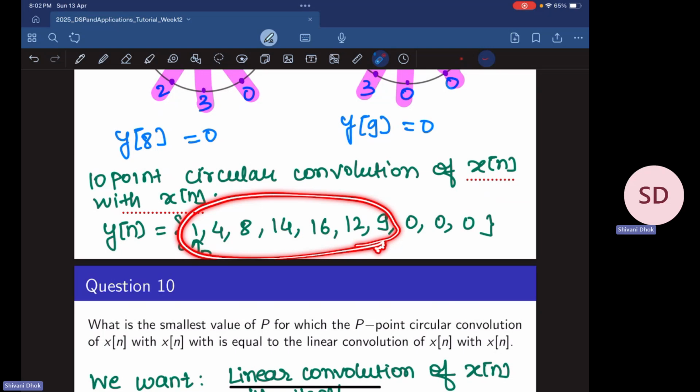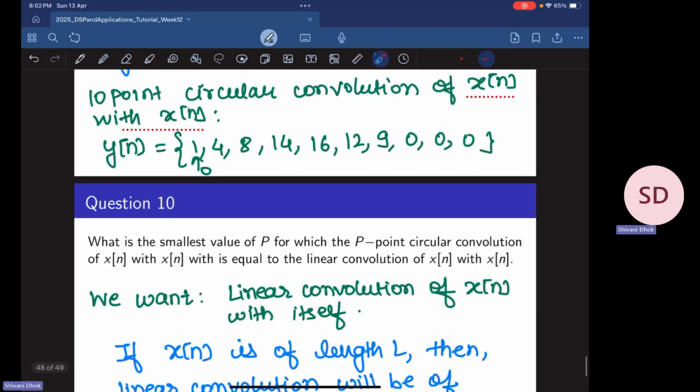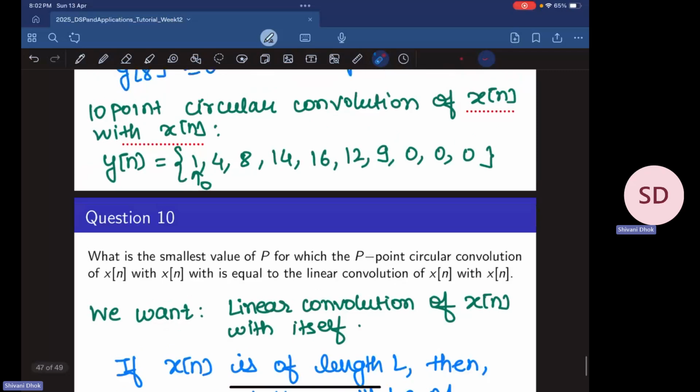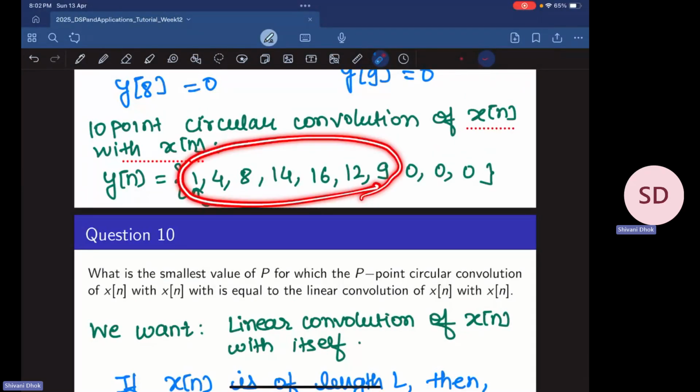You try it out at your end, but we have these additional zeros which we can anyway discard afterwards. Now what we are interested in is the smallest value of p for which my p-point circular convolution will be equal to my linear convolution. If I take a 7-point circular convolution, I will land up in this one.